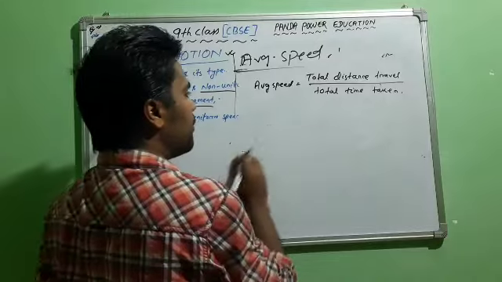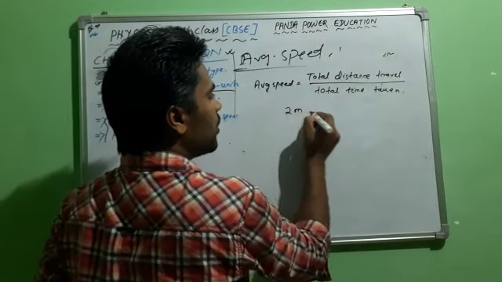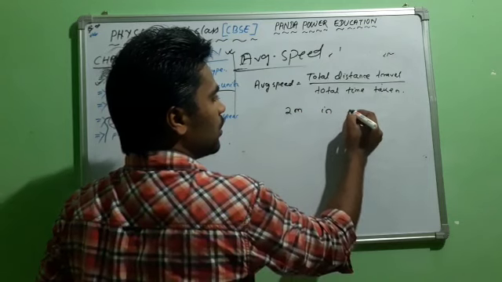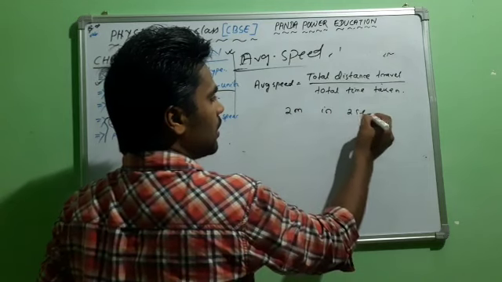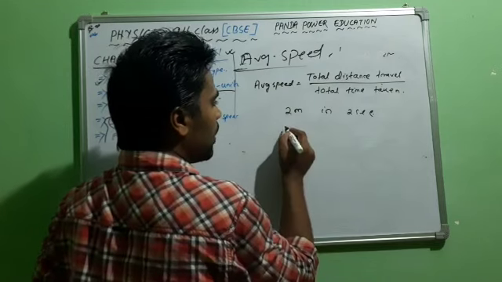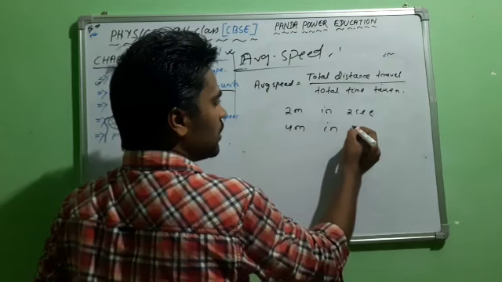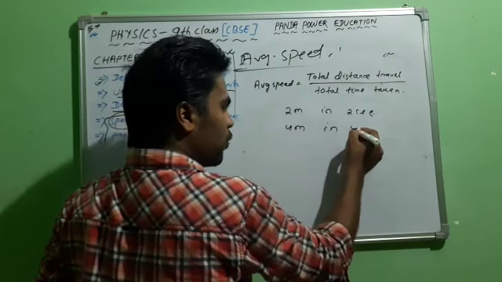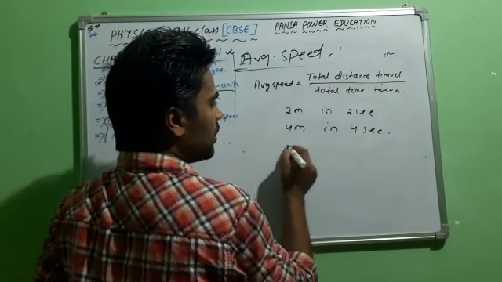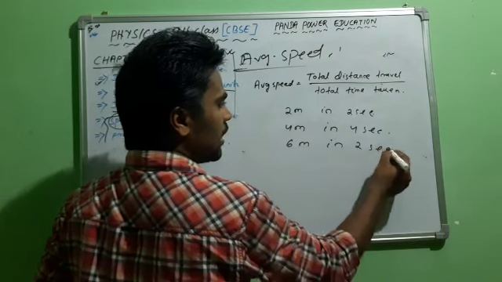That means a body travels 2 meter in 2 seconds. Then in the next interval, the body travels 4 meter in 4 seconds, 6 meter in 2 seconds, like this.